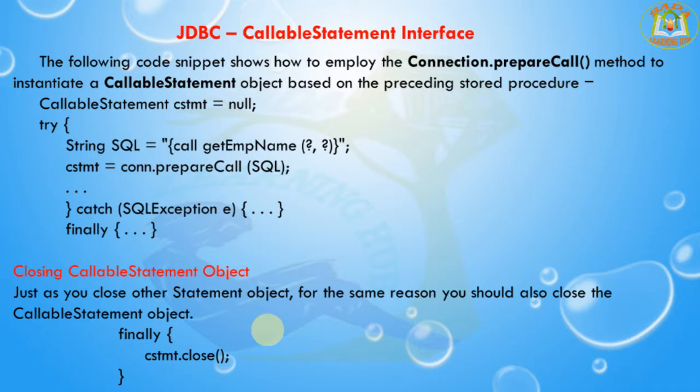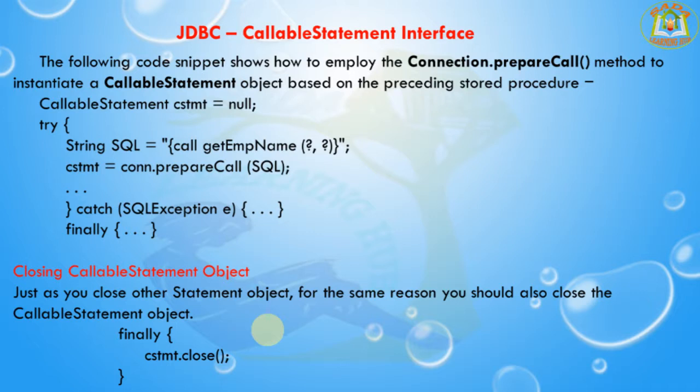After executing our callable statement, the result will be stored in the OUT parameters. We retrieve that result by using the getXXX methods, which convert the SQL types to Java data types.